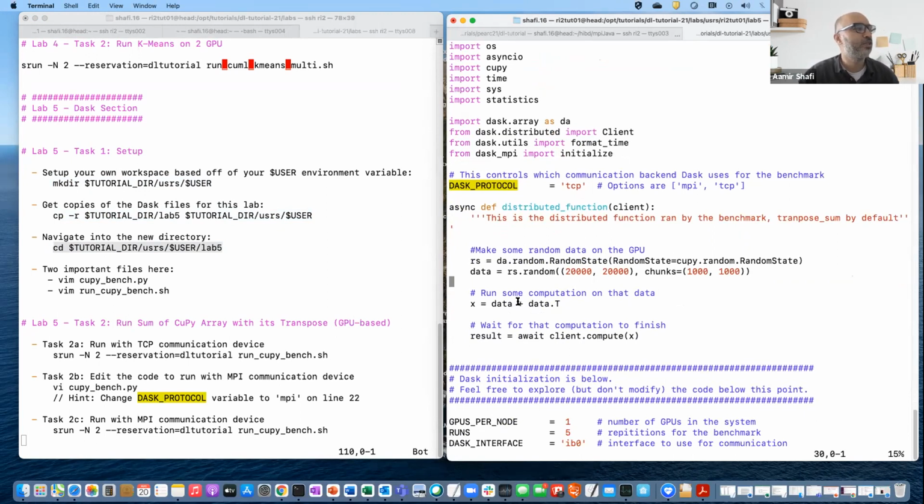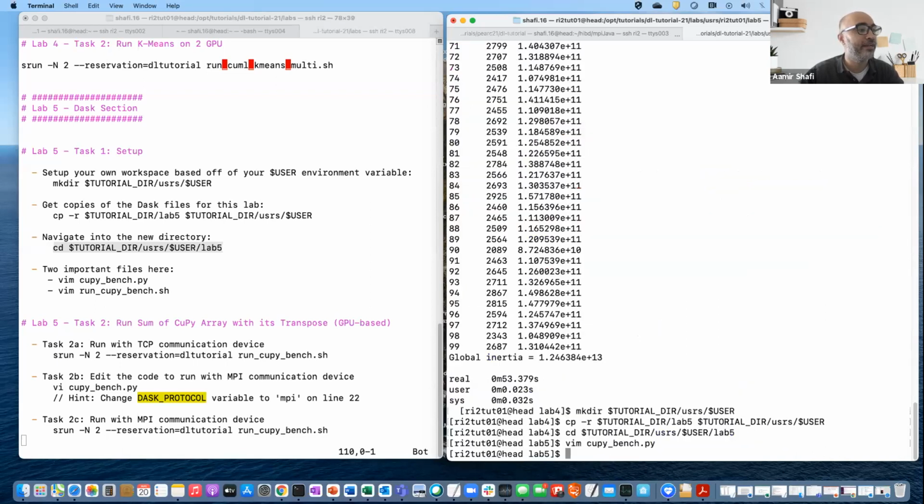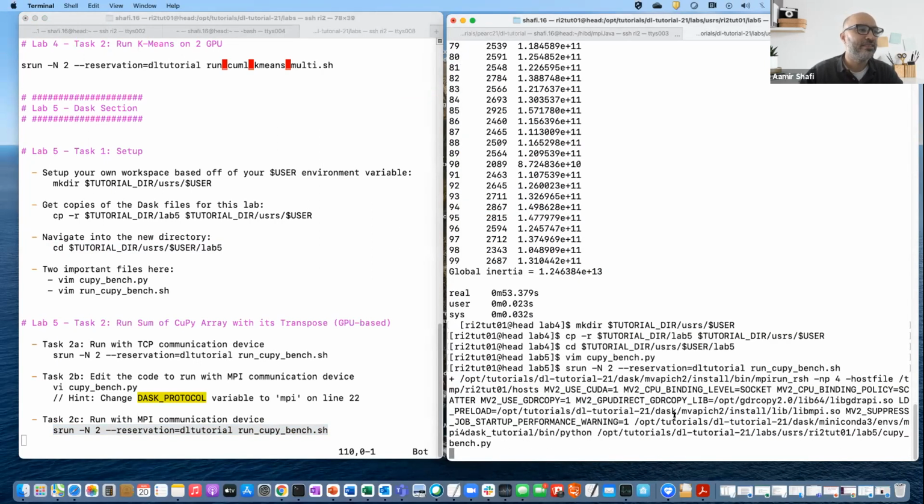As part of task 2, we show running Dask using TCP first, but I'll skip that. I will change the source code to start using MPI for Dask, the MPI communication backend, and I'm now doing task 2C. I will take this command and run it. This is the exact command that it's executing, and it starts 4 MPI processes: the scheduler, 2 workers, and 1 client.